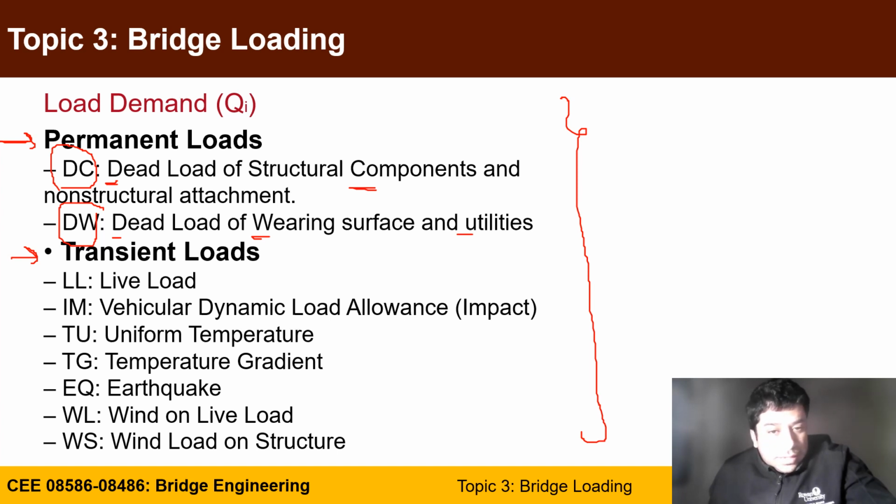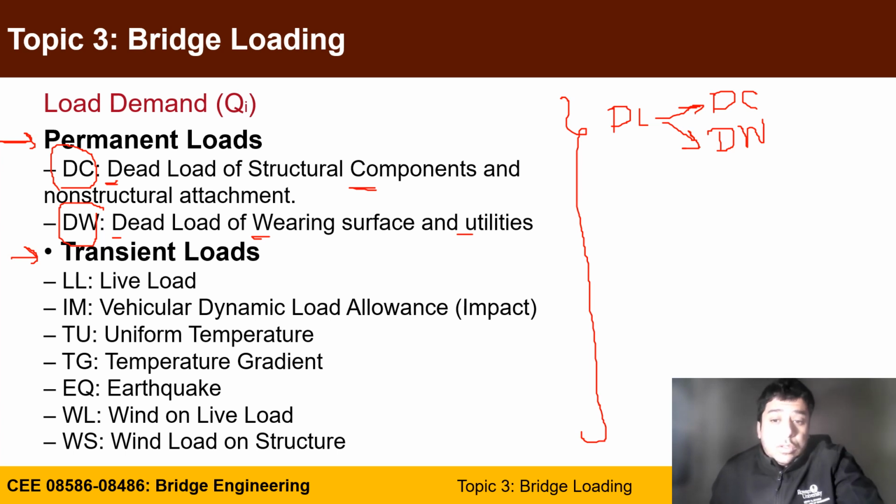So this is DC and DW. Your dead load is either the weight of the components or the weight of future wearing surfaces, or overlays, as they call it sometimes.